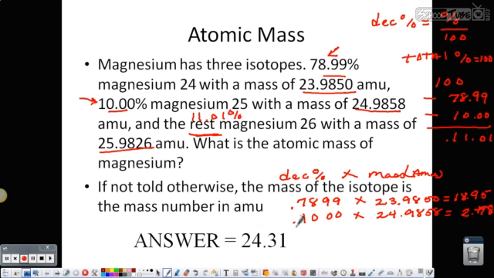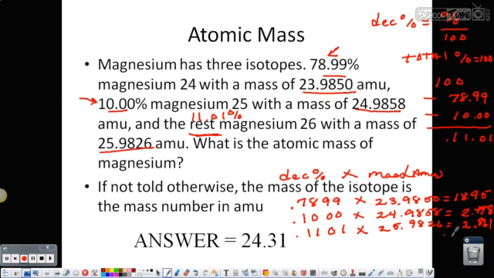Alright, and that leaves the 11.01%. So 0.1101 times 25.9826 equals 2.861.